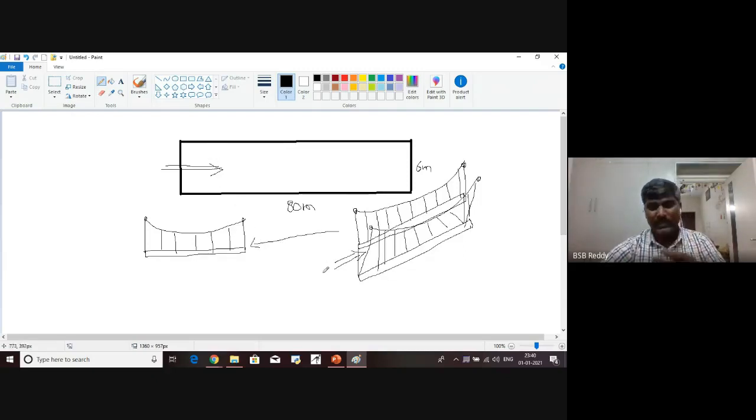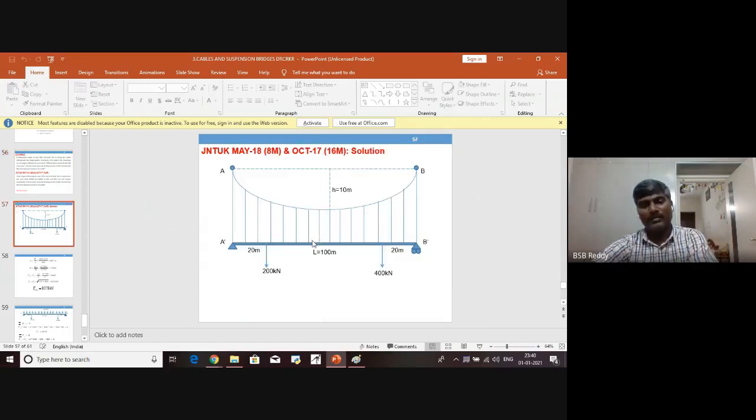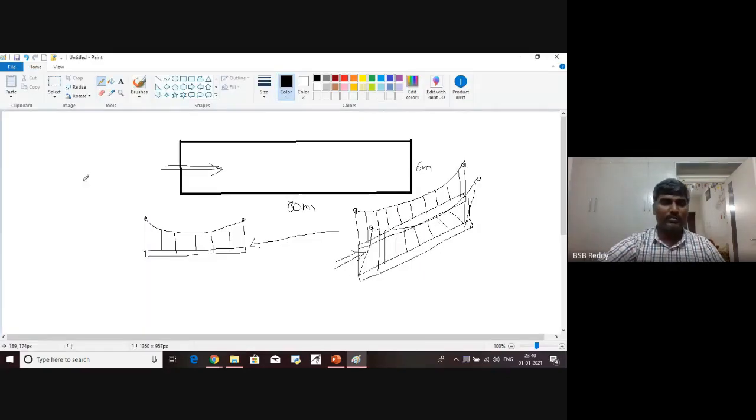So what are all the given data you see? Dead load is given as 5 kilonewton per meter square. You observe here, earlier it was just a per meter UDL. Now this is pressure. 5 kilonewton per meter square is the pressure.